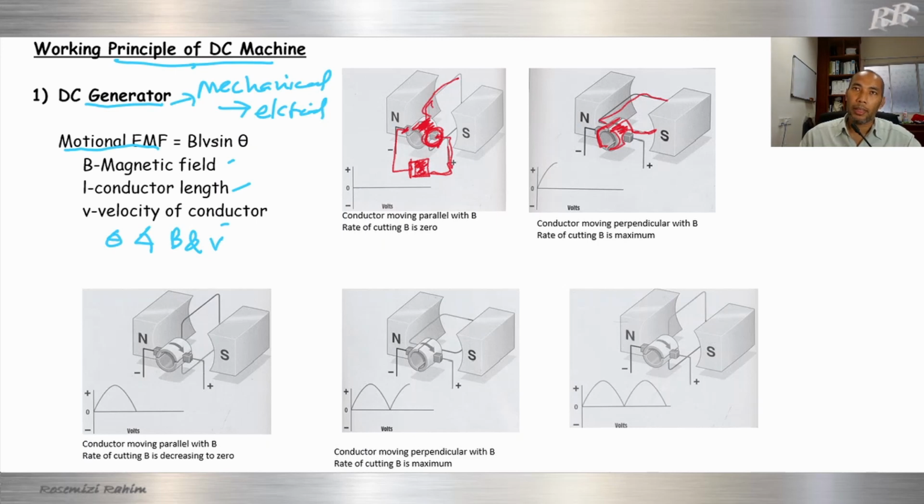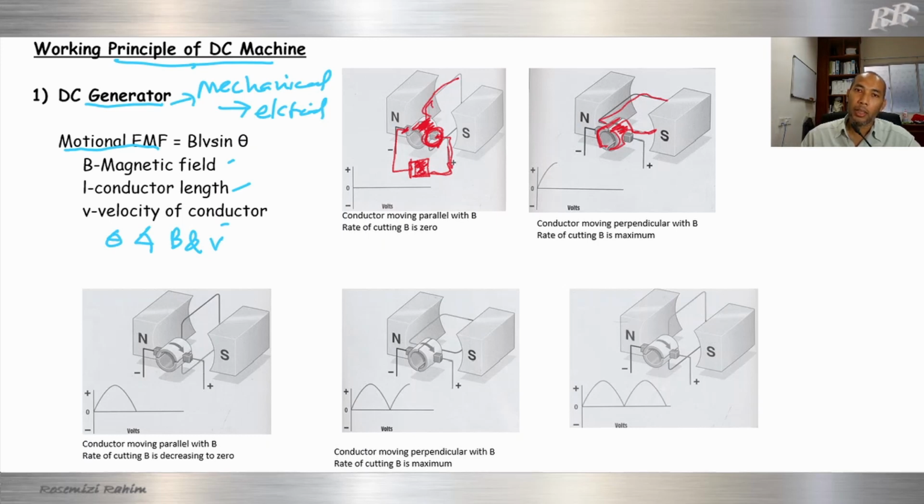This carbon brush, like a block, will always press against the commutator. It must press to make sure it makes contact, because the commutator is rotating.